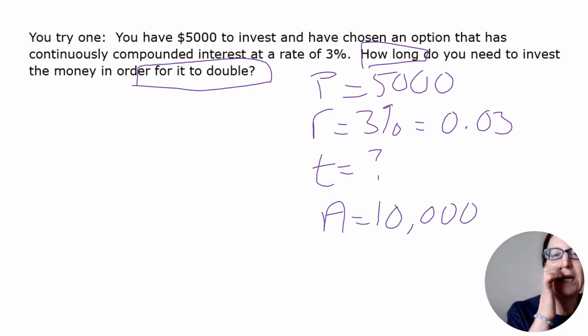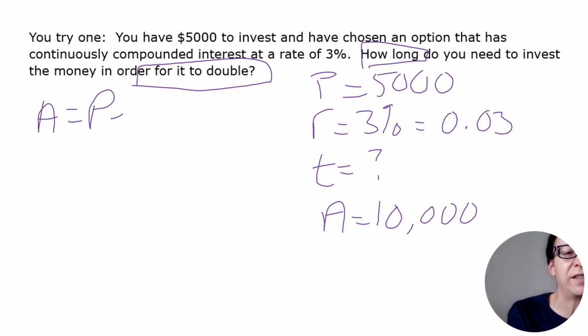Somebody could also just ask how long it would take your money to double, and it actually doesn't matter how much money you invest. The amount of time to double would be the same no matter what. So this is continuously compounded interest. We want to have $10,000.